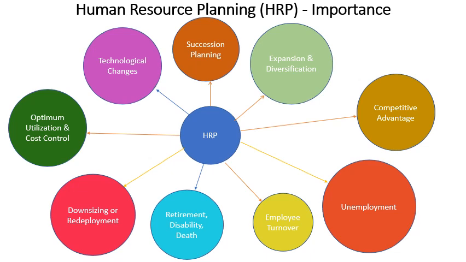Now, another importance of human resource planning is optimum utilization of human resources and cost control. As we have already seen, with proper human resource planning, the company will always ensure that they have the proper number of people in an organization. There should not be scarcity, and there should not be surplus of human resources in an organization. So optimum utilization of human resources is possible through proper human resource planning, and it will also help the organization to reduce the cost.